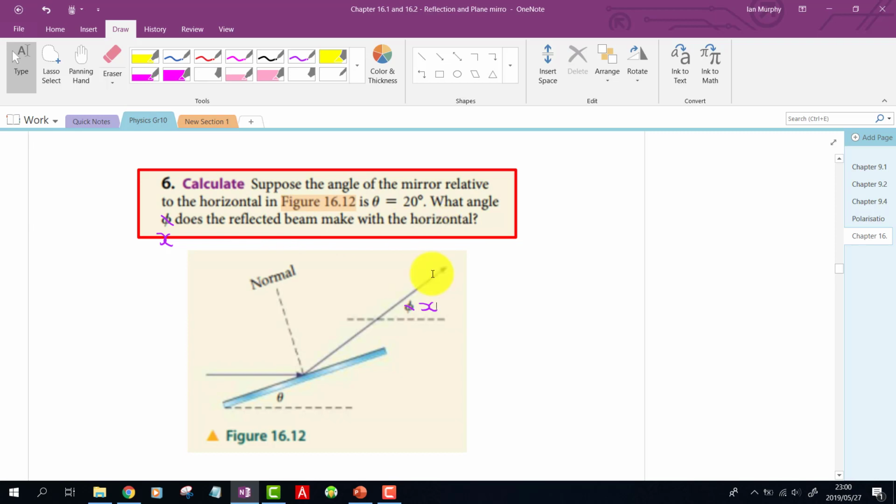Here we have the horizontal. This light is coming in along the horizontal. This dotted line also represents the horizontal. Please reference the question, question 6. Please redraw the diagram so that you can make some notes, and then pause the video. Please try and answer it, and then I'll give you the answer after you play again.